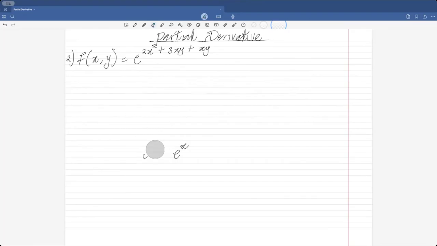In this case, the inside function is what we have as the power. The outside function is the whole problem.